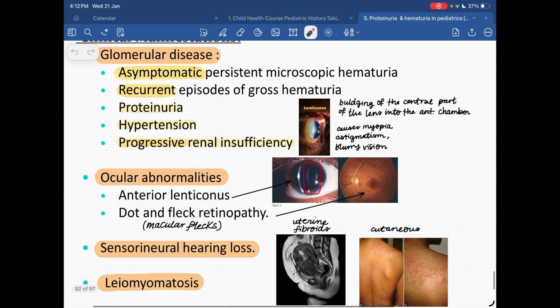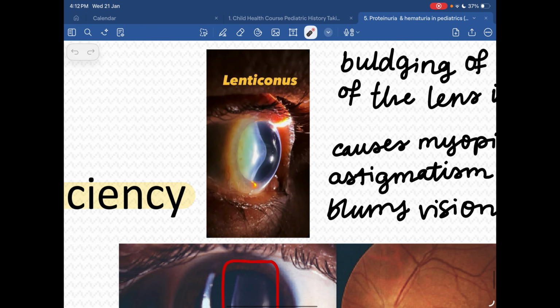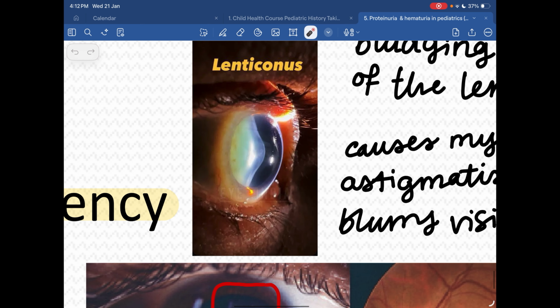أما الocular abnormalities عندنا two characteristic abnormalities. عندنا شيء اسمه anterior lenticonus. So if you see over here, this is our lens. Our lens is protruding or bulging into the anterior compartment of the eye, forming a cone shape.